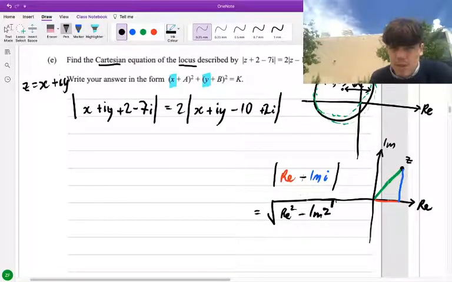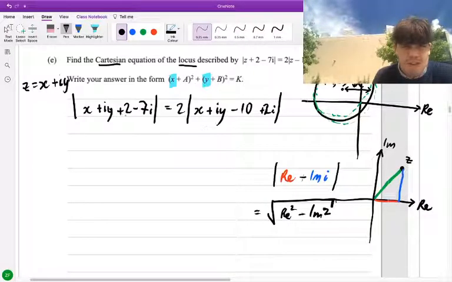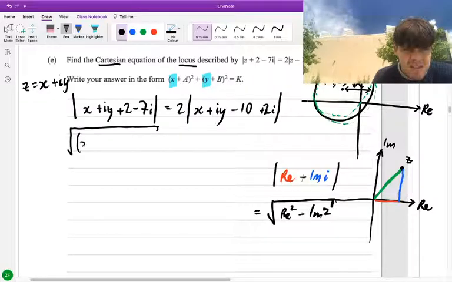Okay, so we're going to need to split this into real and imaginary parts. We're going to find the modulus of that, modulus of that. Our real part here is x plus 2. So it's going to be square root, and we get our real part, which is x plus 2, and then we square that, and then we get our imaginary part, which is y minus 7.